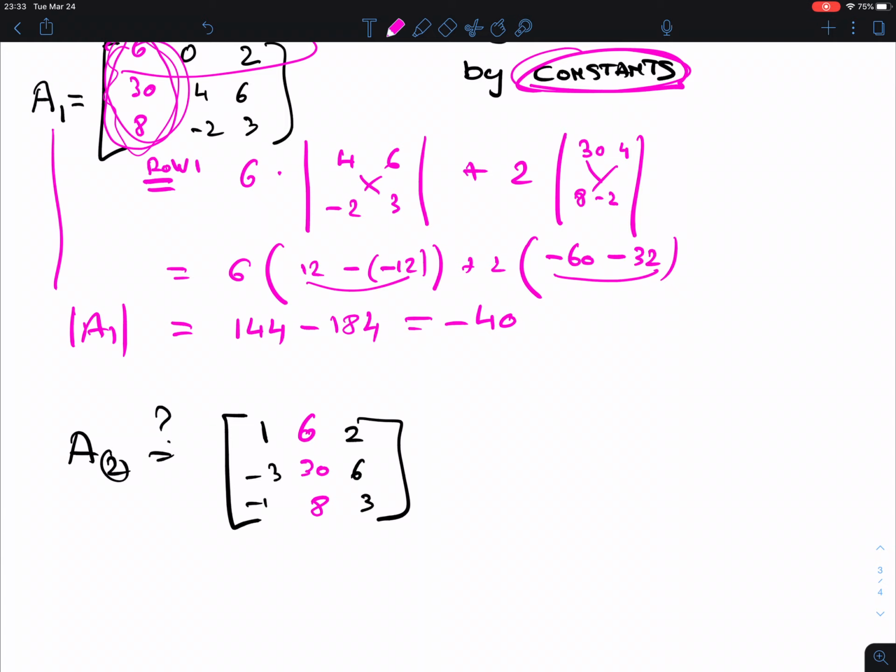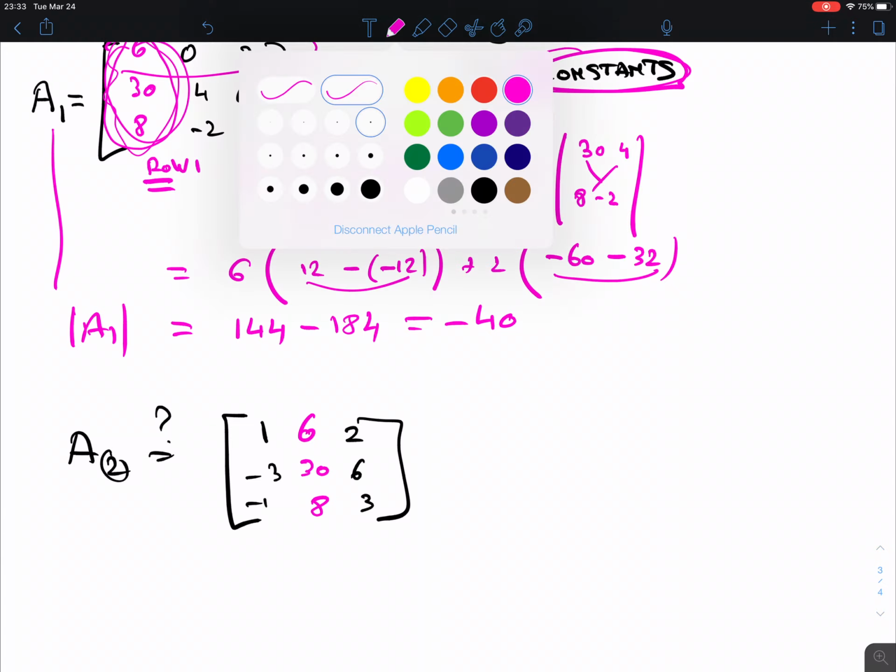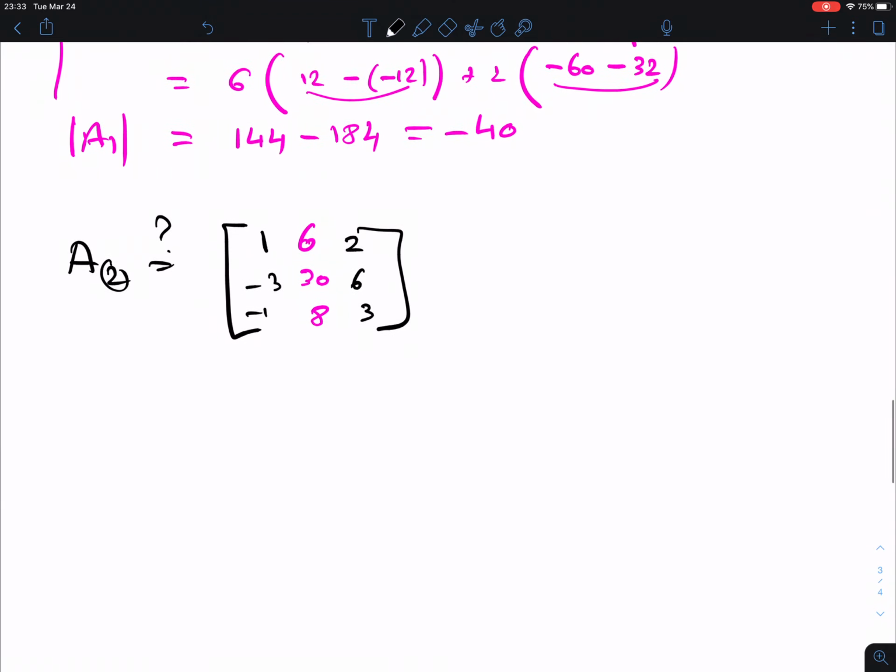This is A2, so what I need to calculate is the determinant of this matrix: 1, 6, 2, negative 3, 3, 6, minus 1, 8, 3.